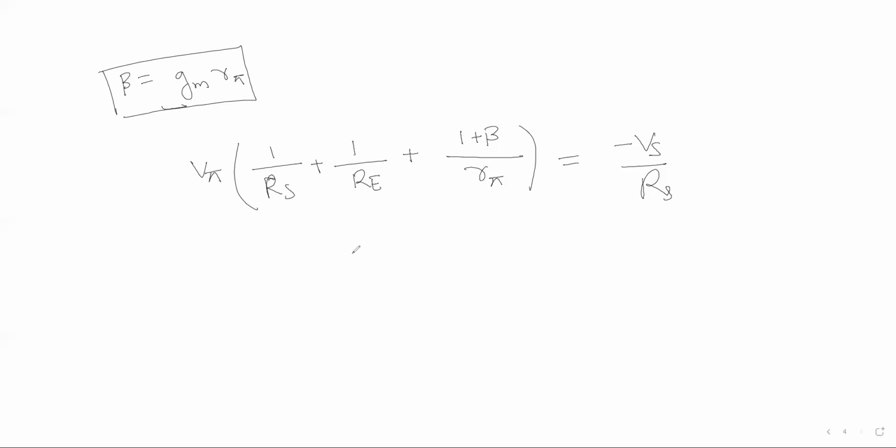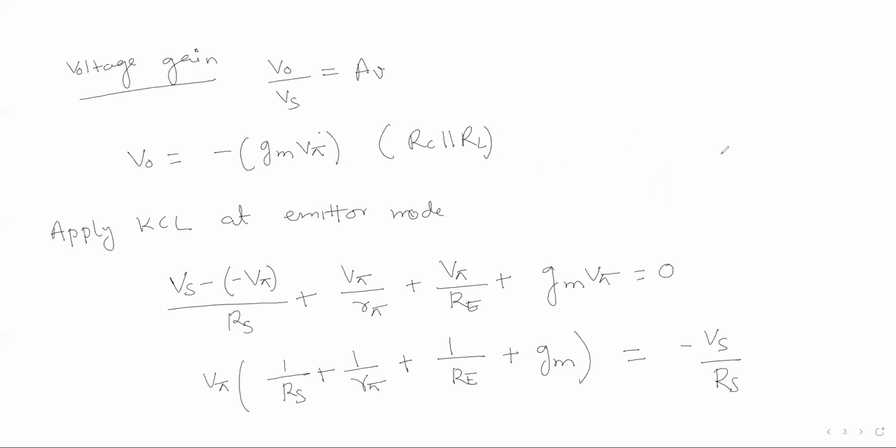Okay, look at here. You know, here in the last equation, can we write like this? 1 plus gm R pi upon R pi.